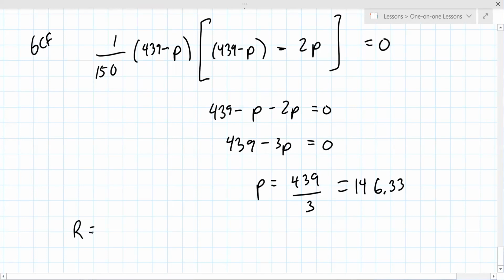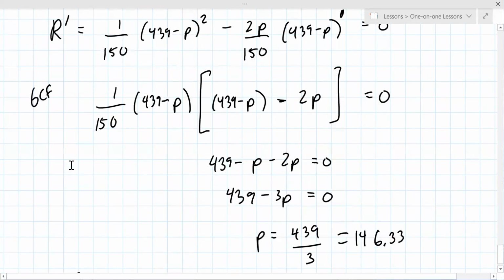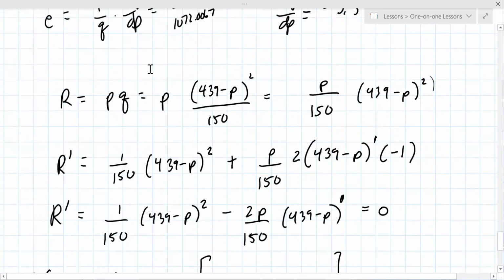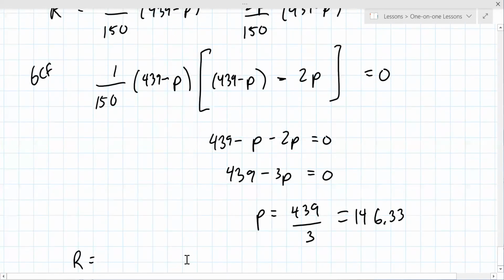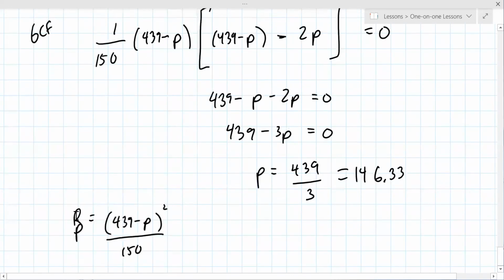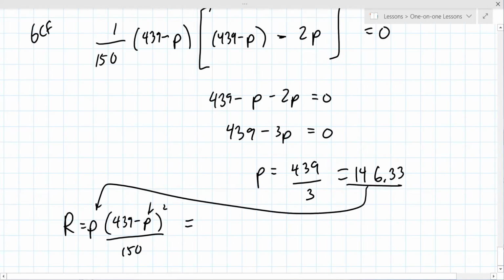Okay, so last thing, again, revenue. We have the price, so we're putting that back into the line up here where we've got the revenue. Revenue is price times this, so we're putting this number we just found in for P. I've got a calculator here, let me do that as well.